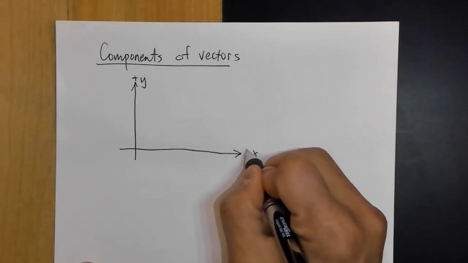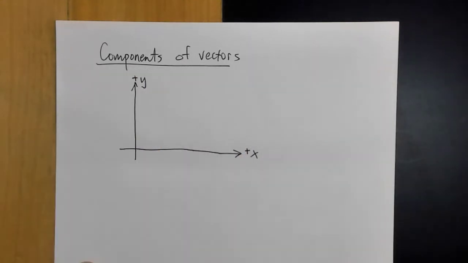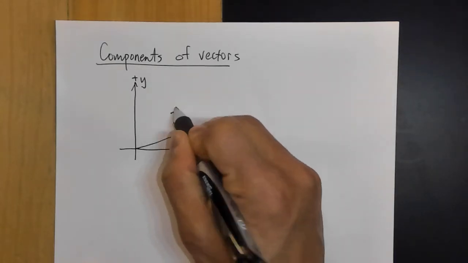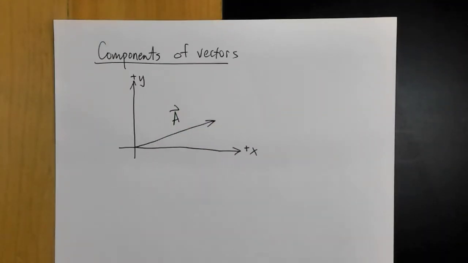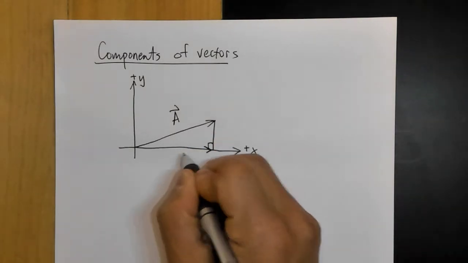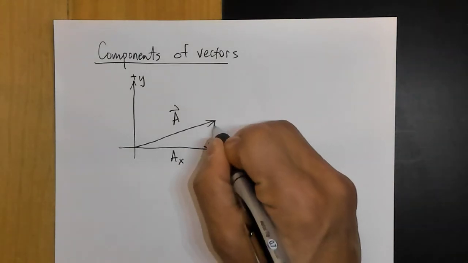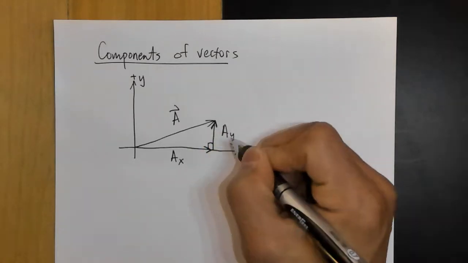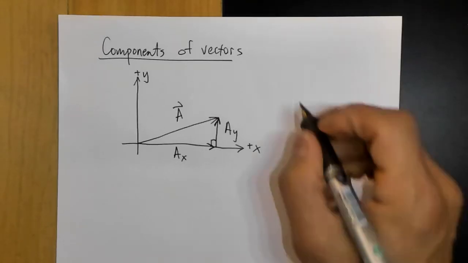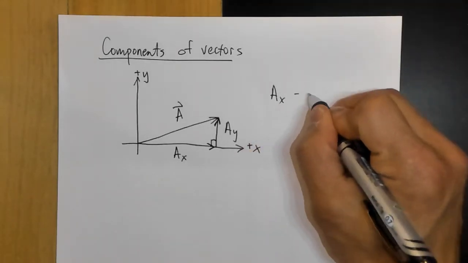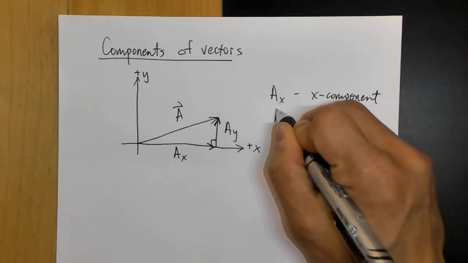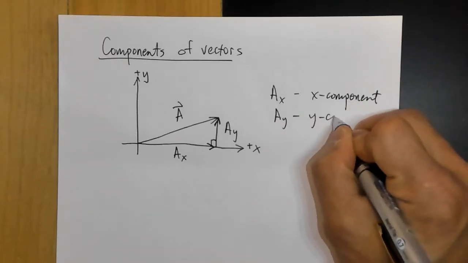So my plus x and my plus y directions. Let's suppose I have a vector like this, A. What I can do is I can break A into its components. So I have this piece that I will call AX, and then I will have this piece which I will call AY, and these are the x and y components of A. AX is the x component, and AY is obviously the y component.